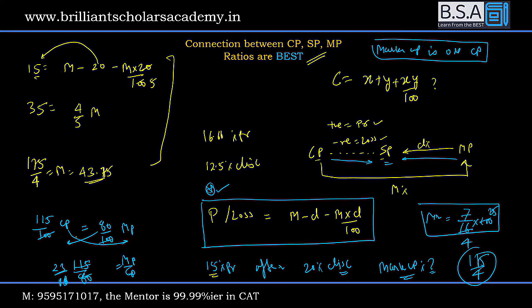You increase cost price by 15%, you get selling price. You decrease marked price by 20%, you get selling price. Equate both. Now for markup percentage, cost price must be in the denominator.